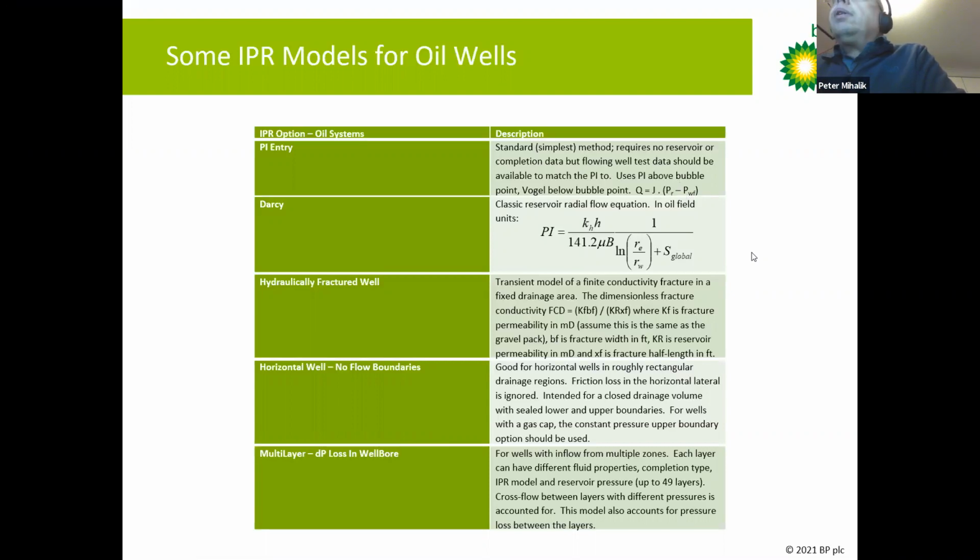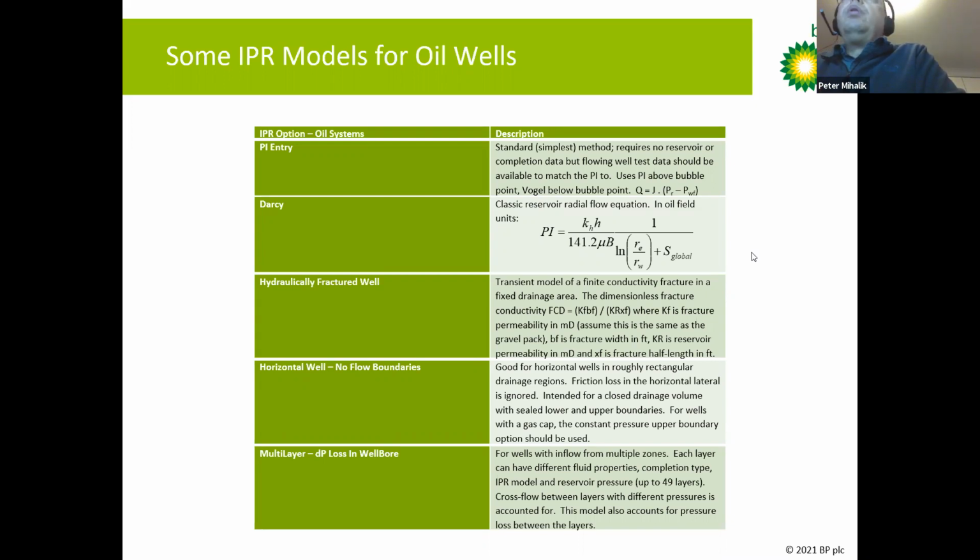There are horizontal well models. There's a no flow boundaries option where it describes boundary effects caused by other wells. Could be physical boundaries as well, of course. But there are other options that allow you to calculate, for instance, constant pressure upper boundaries, which tend to be reservoirs that have reservoir pressure topped up at the boundaries by things like an aquifer or a gas cap.